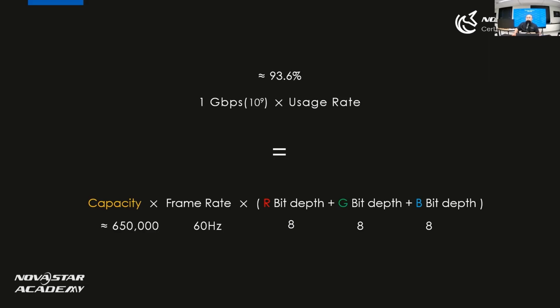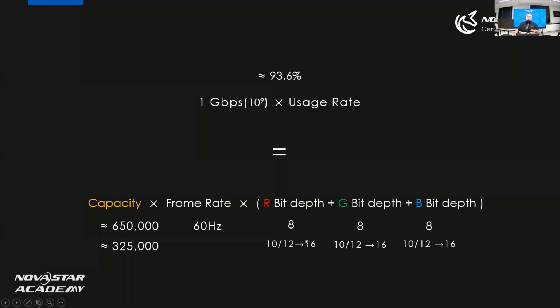So if we calculate well, the loading capacity of each single output under 60 Hertz, with the color depth at 8 bits, will be 650,000 pixels. If we change the color depth to 10 bits or 12 bits, no matter 10 bits or 12 bits, we always calculate it as 16.